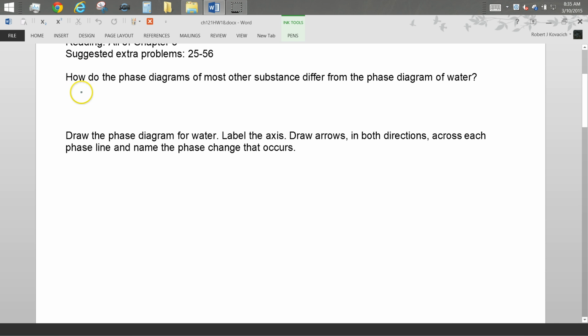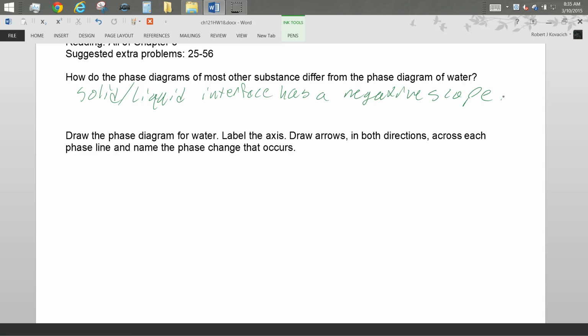So that solid-liquid interface line has a negative slope. So increasing pressure, instead of turning it into a solid, turns it into a liquid.